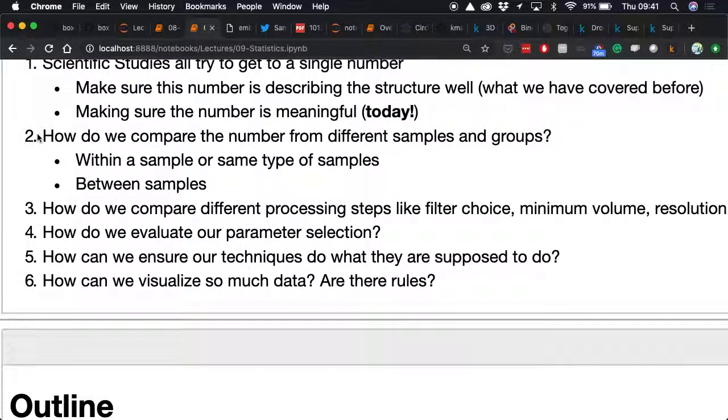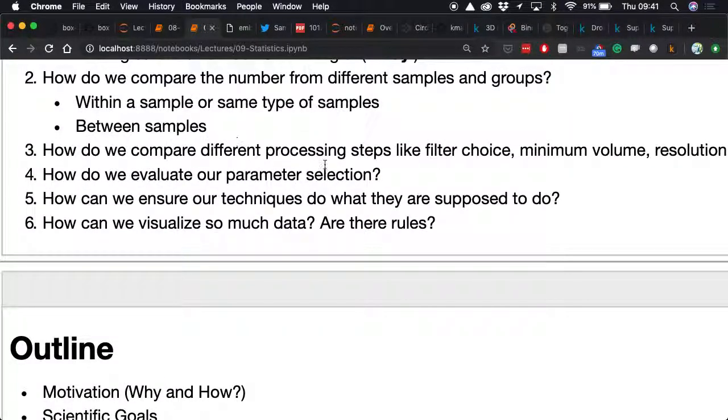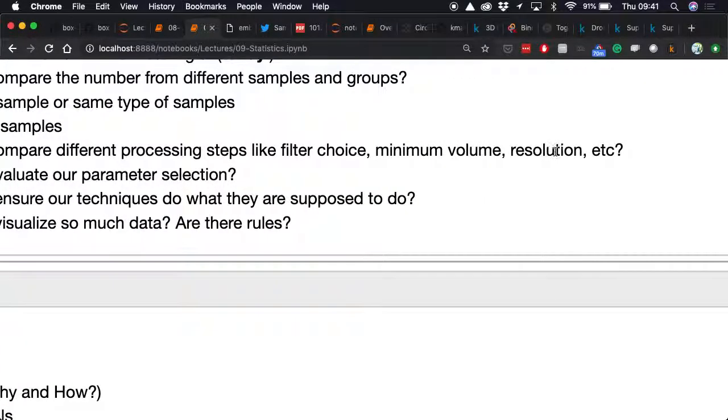That specifically translates to how do we compare different samples in groups. When we make a number of different measurements, how can we start to show if these samples are different or if these samples are the same? And then how do we compare different parameters, filter choice, minimum volume?